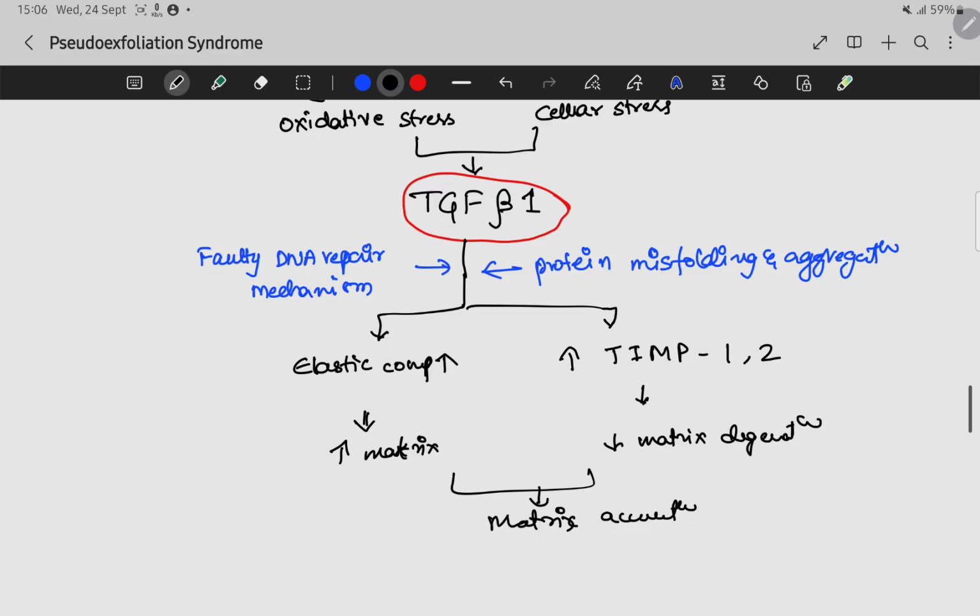So this is extracellular matrix, right? It will thus cause the reduction in the outflow, causing increased IOP. So this is the mechanism. The main factor here is TGF beta 1 activation.